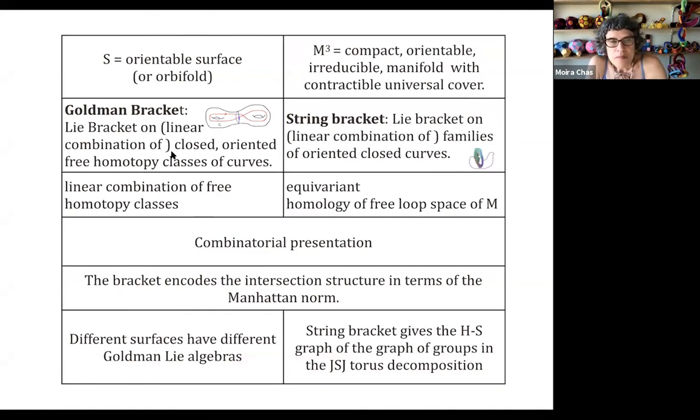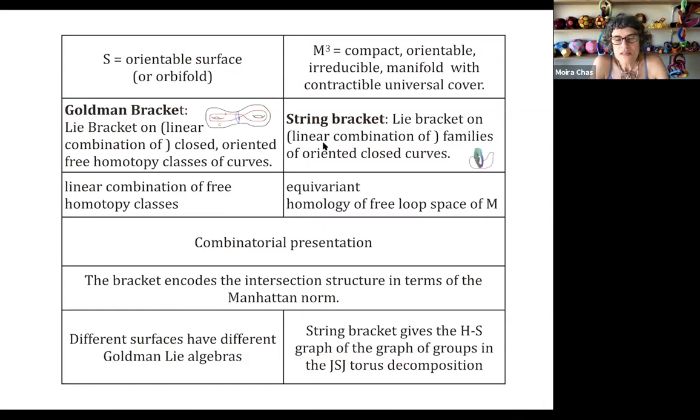So remember that we were studying the Goldman bracket, a linear combination of homotopy classes, and how the bracket encodes the intersection structure with the Manhattan norm.